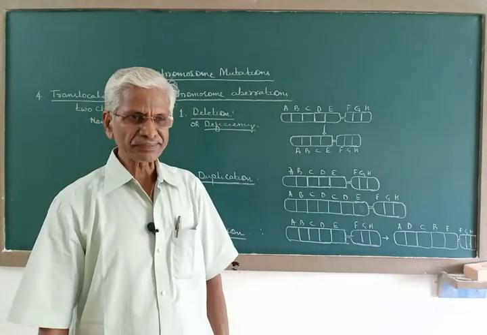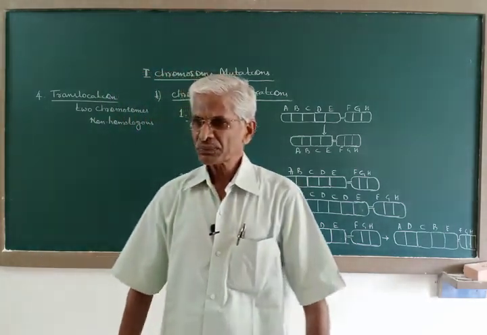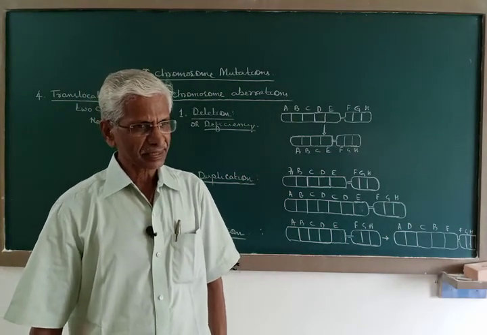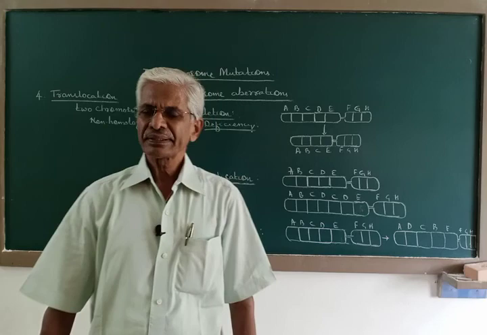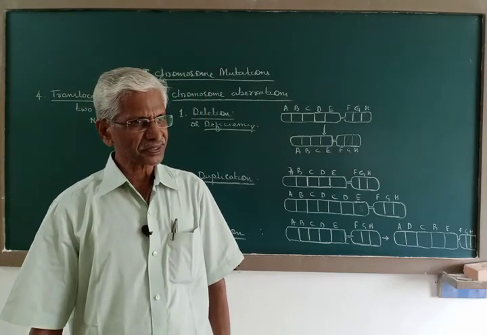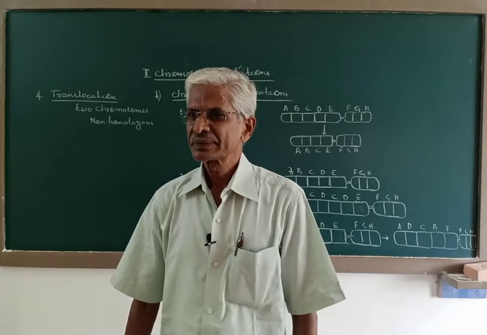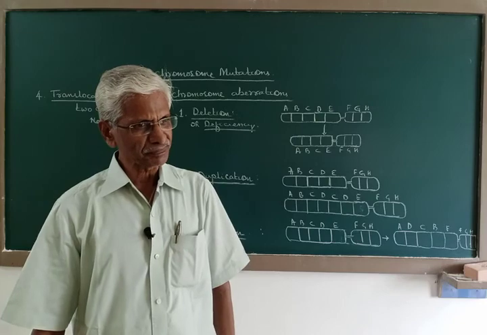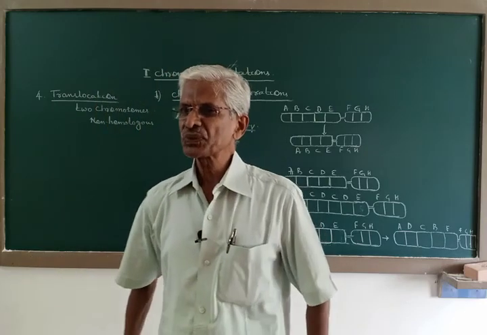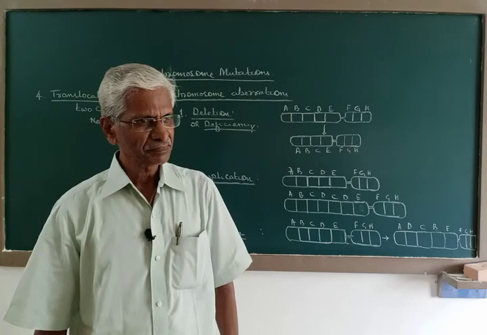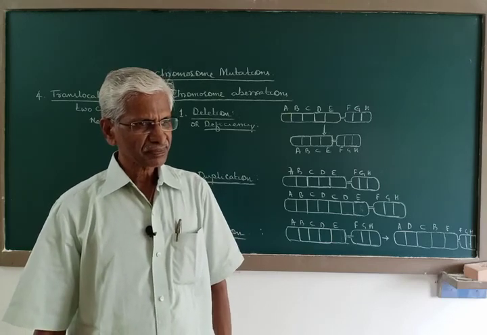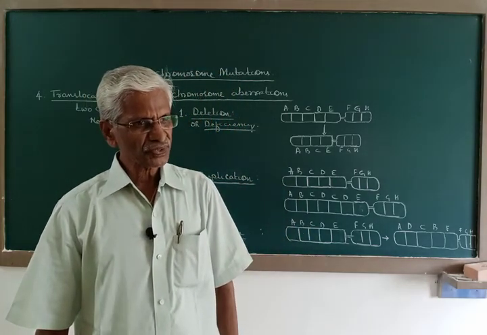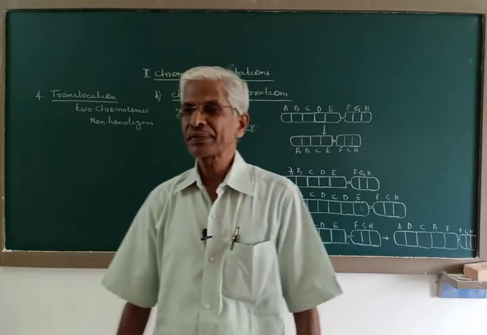Now, in a translocation, from one chromosome a segment gets separated, a segment gets lost, and this segment, after separation from one chromosome, joins another non-homologous chromosome. The former chromosome is the donor chromosome that will lose a segment of it, and the other non-homologous chromosome which receives it is the recipient.